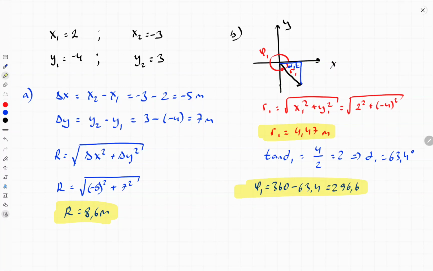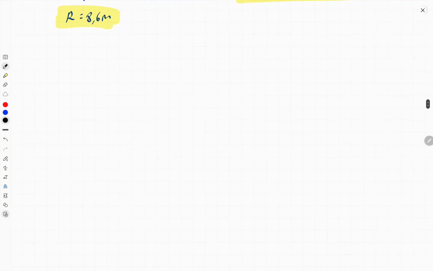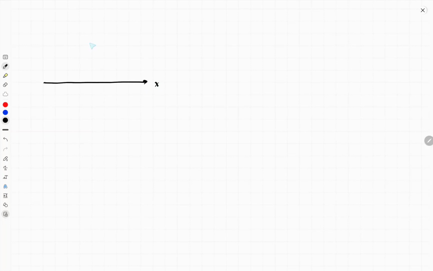In the same way we can find them for the second one, -3 and 3. Let me draw it quickly. X and y direction. X is -3, y is +3, so it's here. Let's call it R2.